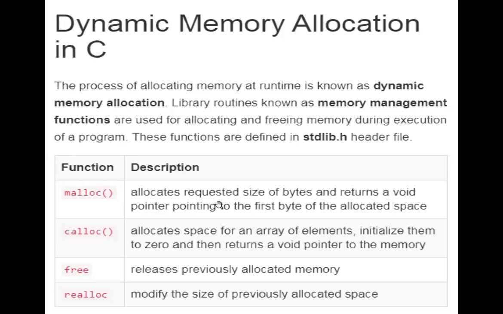Basically, you will be asking for 100 bytes of memory, and your compiler will search for one complete block of 100 bytes, fetch that block, and provide a pointer to it.